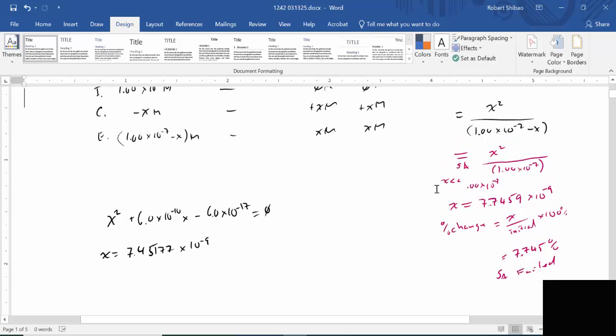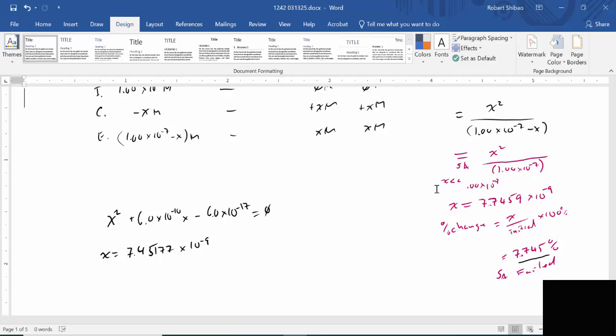When we used the simplifying assumption, it came close. We got 7.7. Over here, we get about 7.45 or 7.5. But you can see there's already a significant percent difference here.